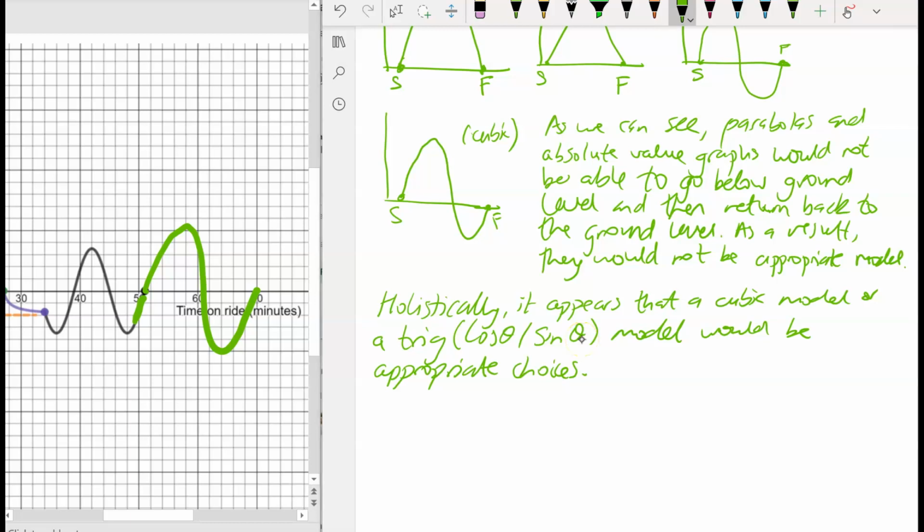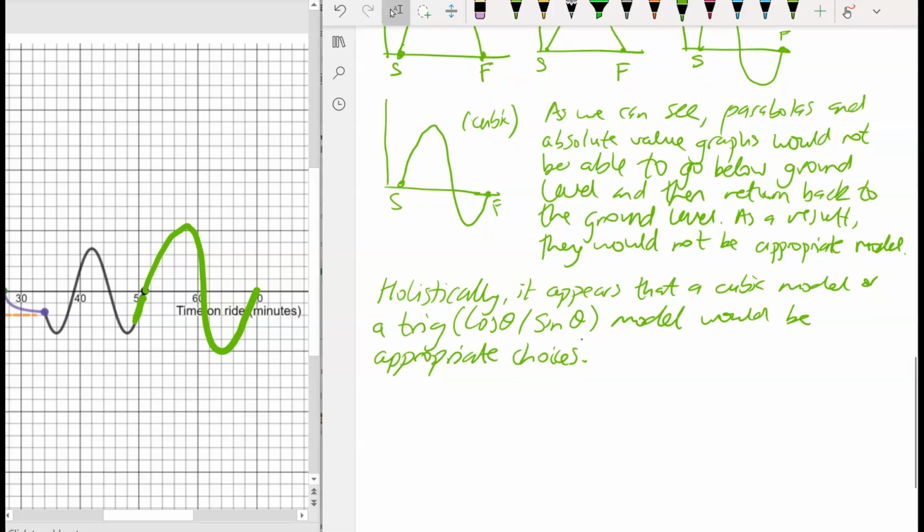I think for me, the deciding factor is the symmetrical nature of the trig function. It's very consistent, it's smooth, it goes up and down. The height is the same as the maximum, and that kind of certainty gives us a more reliable model. So let's write that. That leaves us with the trig and cubic models, in my view.